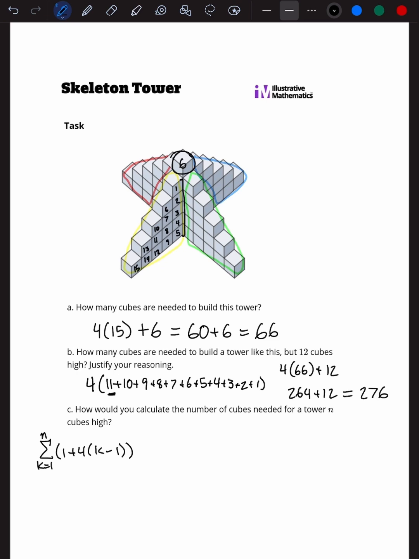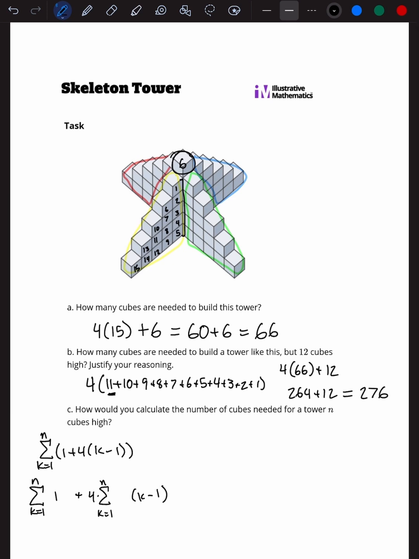And then we could separate the summation by writing the sum from k equals 1 to n of 1, plus the sum from k equals 1 to n of 4 times k minus 1. Now, I could take out this 4 from right here, and I could just bring it out to the front of this summation.